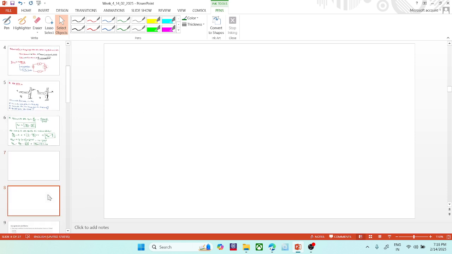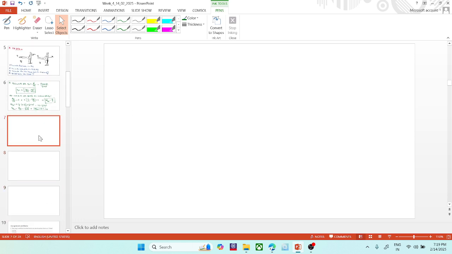Okay, so next we'll find the ways to enhance this efficiency. So next we will try the same things with a curved blade.